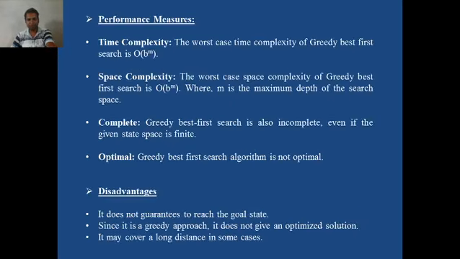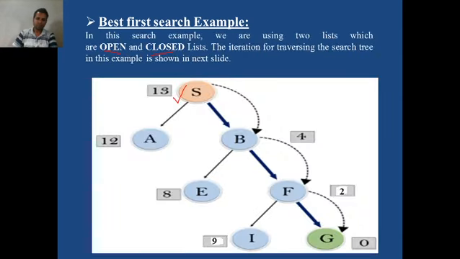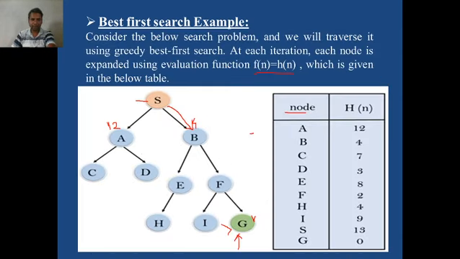For iteration 2, what happens? After B, which are the successor nodes? E and F. What is the heuristic cost associated with E? The cost associated with node E is 8, so you can write 8 here. And what is the heuristic cost associated with node F? It is 2.